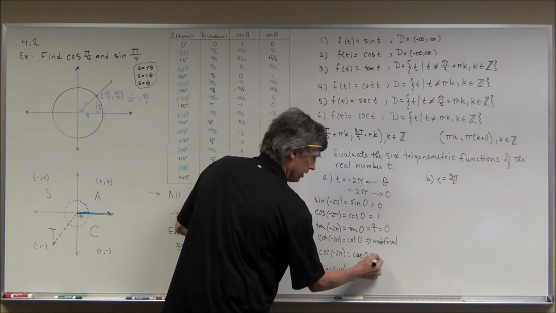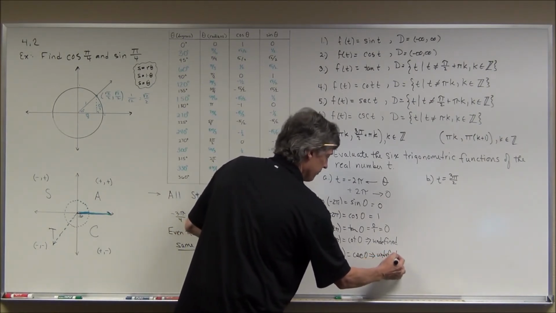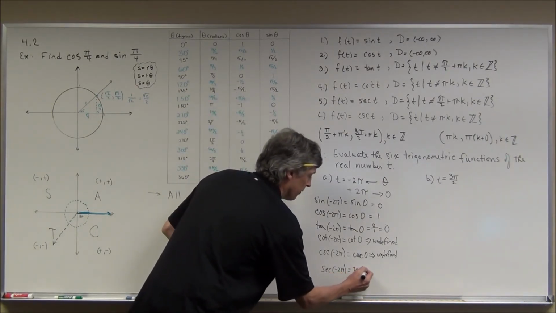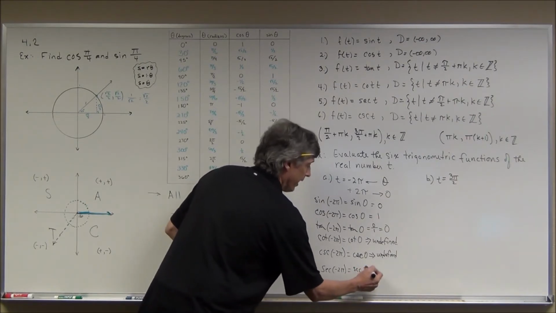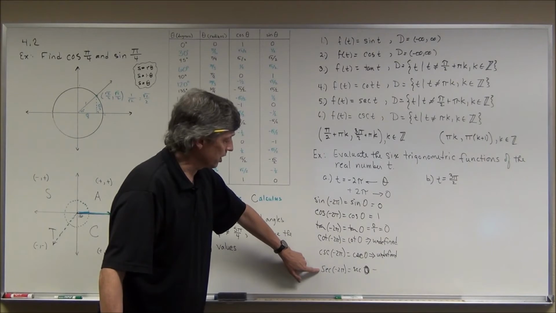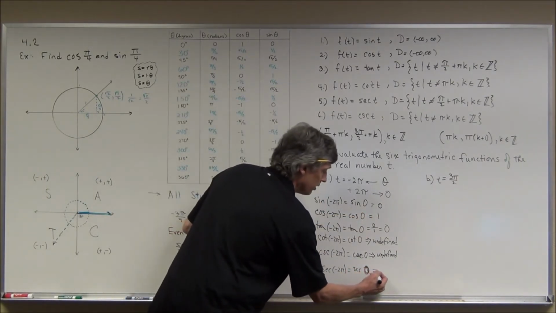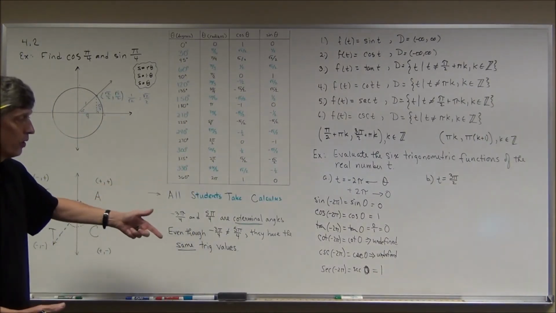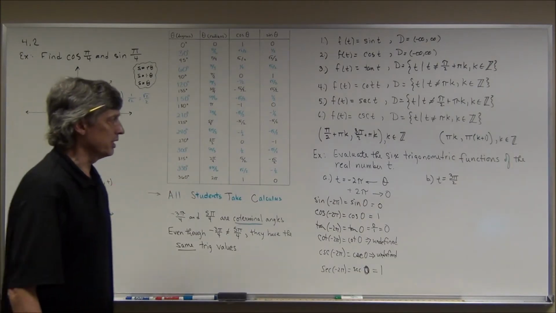So once again, undefined. Now the secant of negative 2 pi is the same as the secant of 0, because negative 2 pi plus 2 pi is 0. Remember, it's the reciprocal of cosine, so it's the reciprocal of 1, which is 1. And I have those 6, well, I have 4, and then the 2 that are undefined. And I've evaluated those functions at that number.